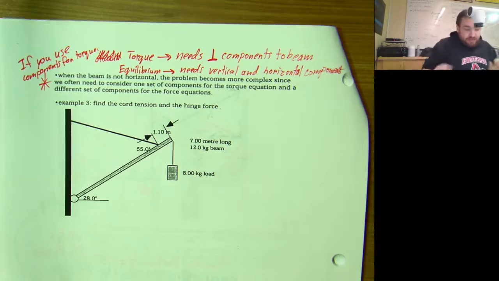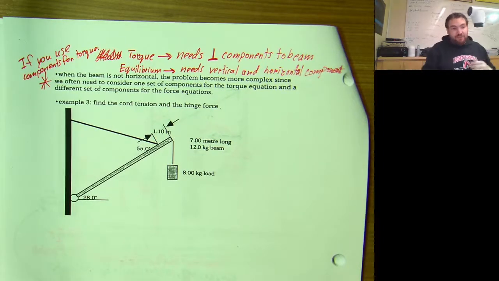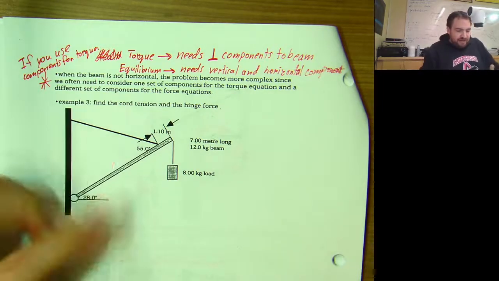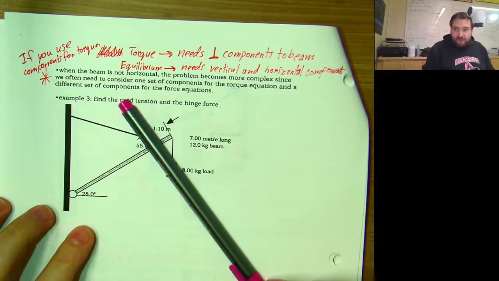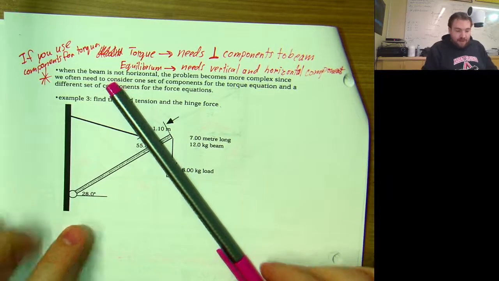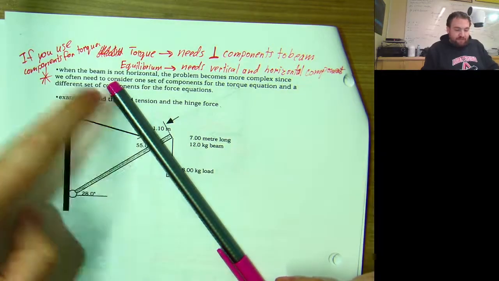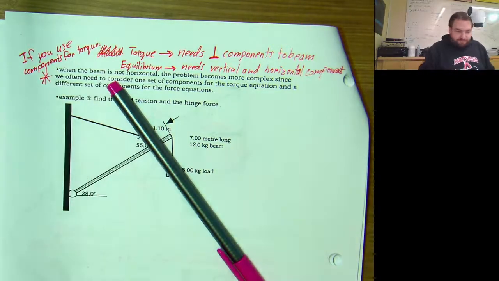If you actually break up torque into its perpendicular and parallel components, this is going to be a challenge, which is why I like to use torque equals FR sine theta wherever possible. Because then we're not going to have to draw an ugly mess here. I'll show you with my pens what I mean. This guy is acting off at an angle, so if we were going to use components, we'd have one component, my perpendicular component of the force providing the torque.